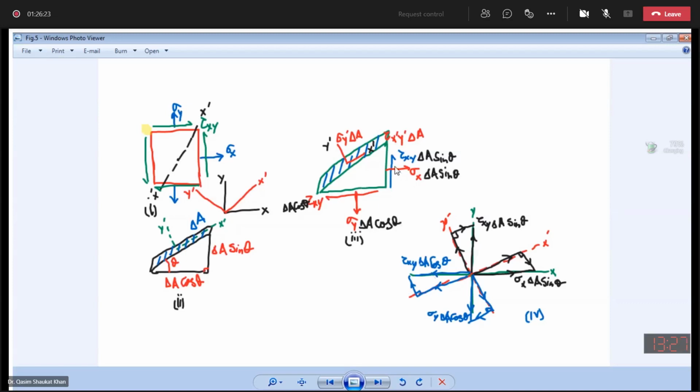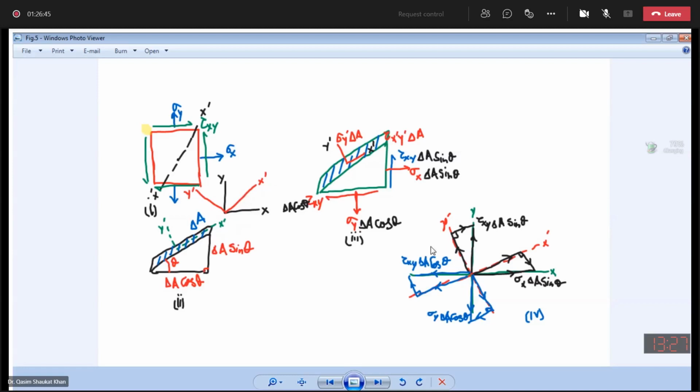First I am going to resolve sigma x delta A sin theta into components. Preferably you can draw this figure. You have the regular x and regular y axes, then you have the transformed x dash and y dash axes, just like this one.